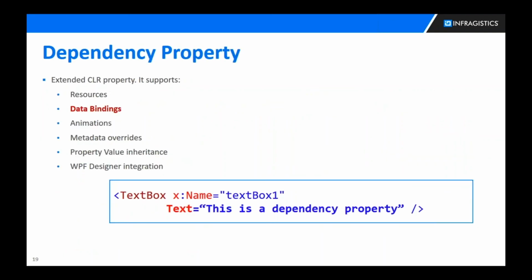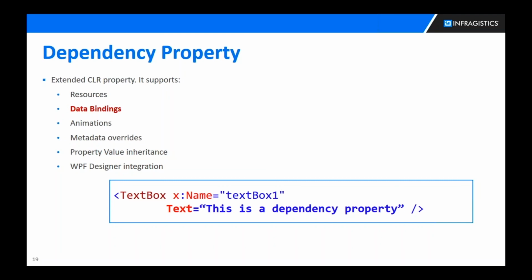To support data binding, WPF provides the dependency property, which is the extended property for the CLR property. This dependency property supports these kinds of things used in WPF: resources, data bindings, animations, metadata overrides, property value inheritance, and WPF data integration.